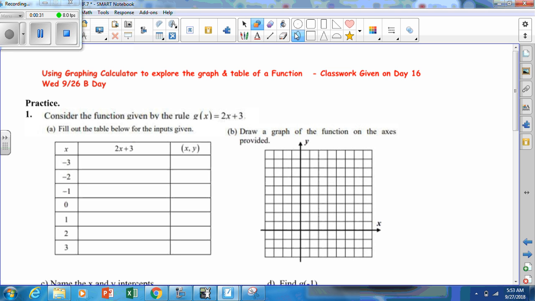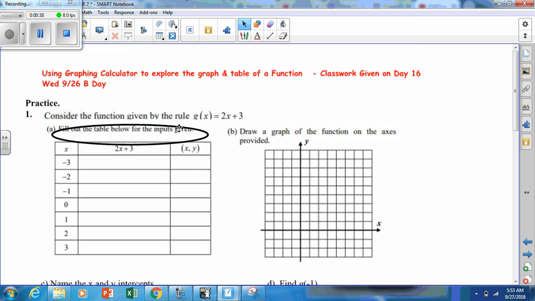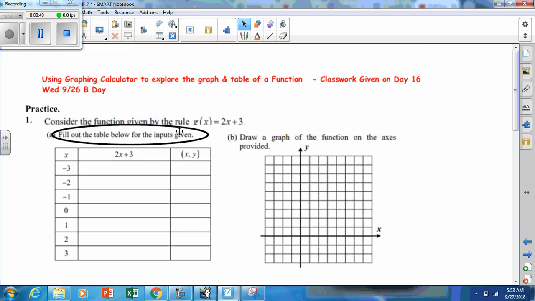And what is it that we are going to do after we find the inputs? Looks like it wants us to plot a table, and that's pretty simple as well.